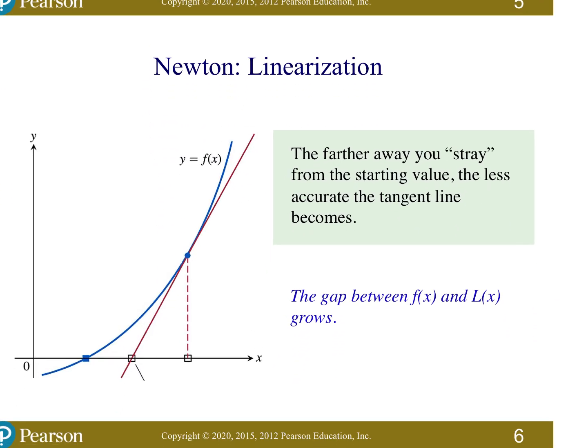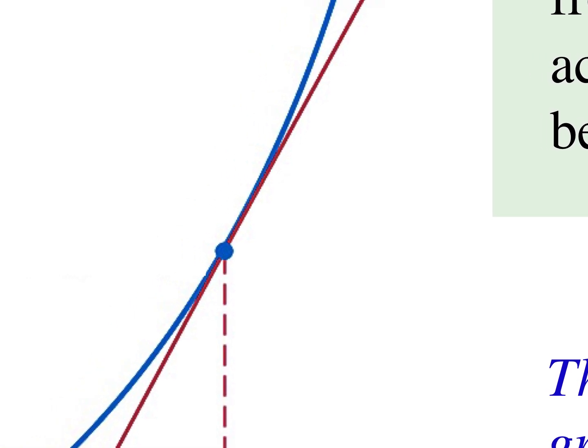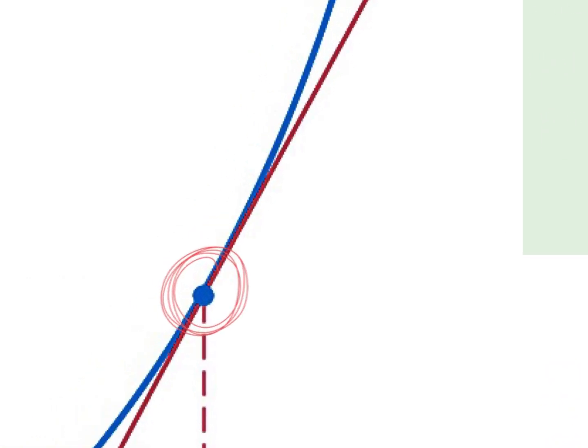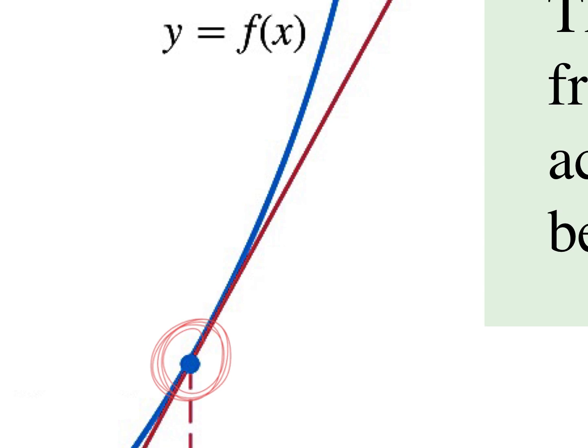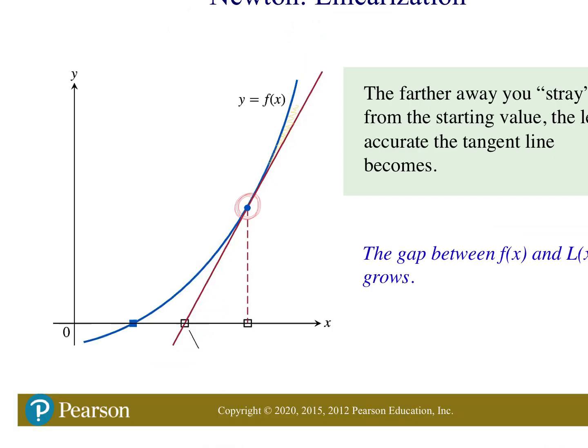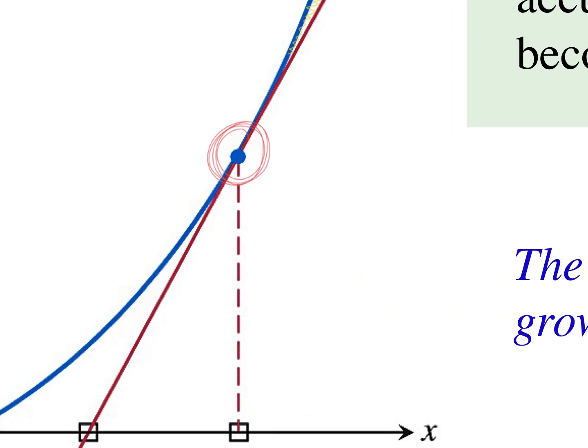Now, if you start following his tangent line far away from the curve, then the accuracy drops off. If you're using it right here, you're fine. But notice the gap that grows between the tangent line and the curve. The gap gets greater and greater the farther away you stray. So his was only accurate within a small region.